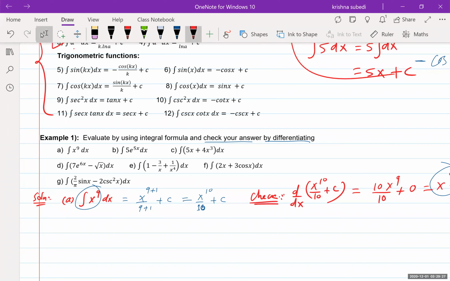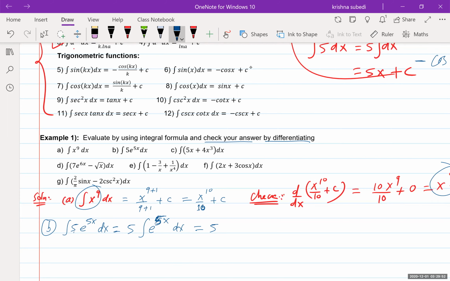Now let's look at another one. Part B, 5e to the 5x dx. A lot of times, with the constant 5, I want to write that outside to make life easy. I just want to write this way. Now 5 and then the formula.